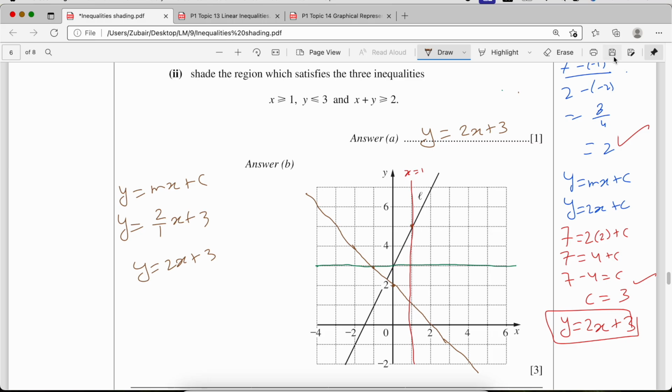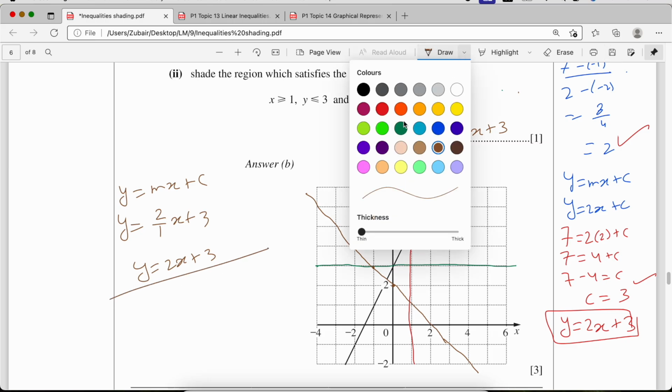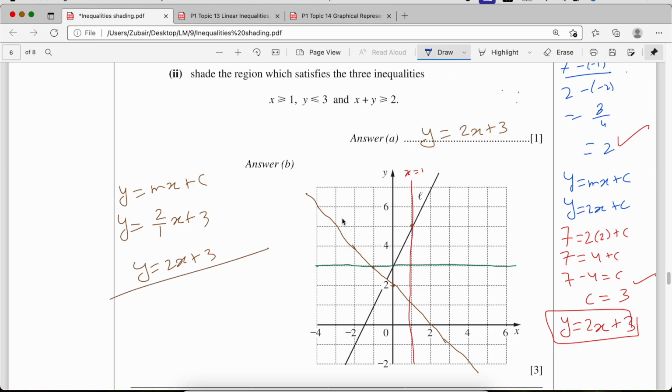The other method is just algebraic understanding. The equation was x plus y equals 2. Always suppose the first value, let's say x is 0. So if x is 0, then 0 plus y equals 2, y equals 2. That is my first set. So x 0, y 2. First point.